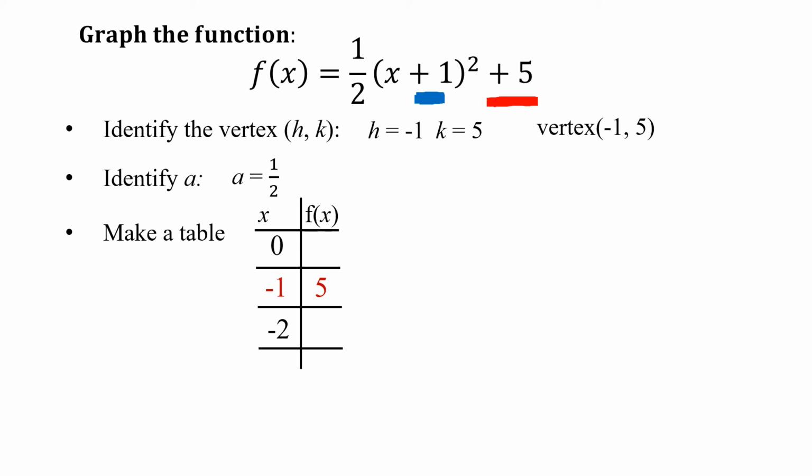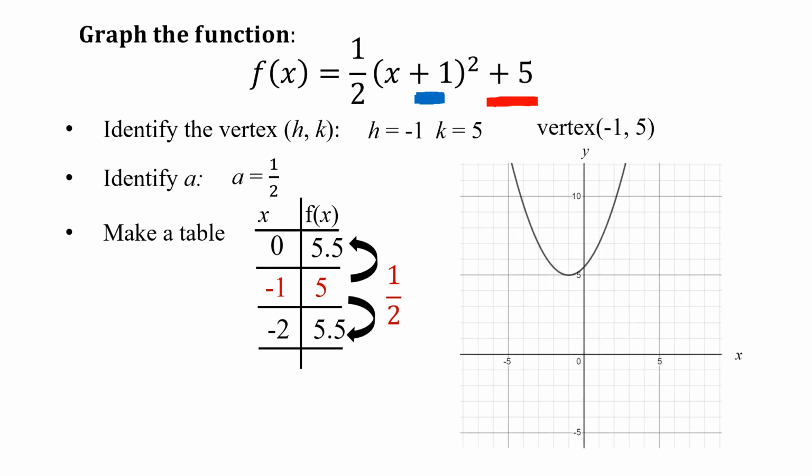Now take our a, which is 0.5, and add 0.5 to 5 to get 5.5 for the coordinates above the vertex and also below the vertex.